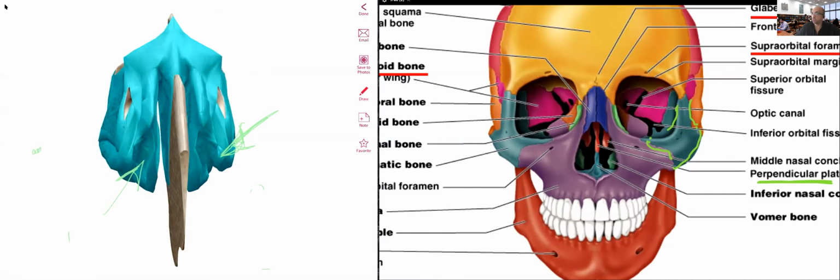They are elevations located inside the nasal cavity that slow down the air that you're breathing and humidify and warm it. Those elevations are covered with mucous membranes to humidify and warm the inhaled air.